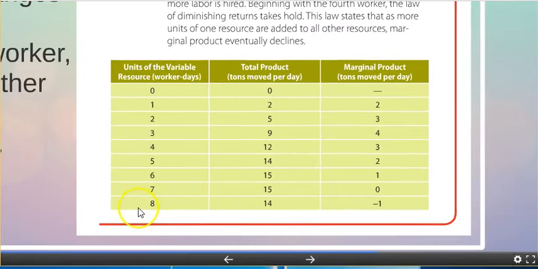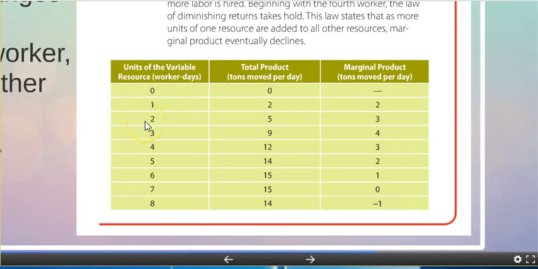So when no workers get hired, your total product is 0. Then if one worker is hired, that person must do all the driving, packing, and moving. A single worker cannot easily move some of the larger items. Still, one worker manages to move 2 tons per day.